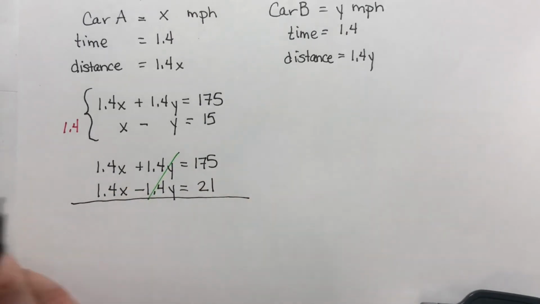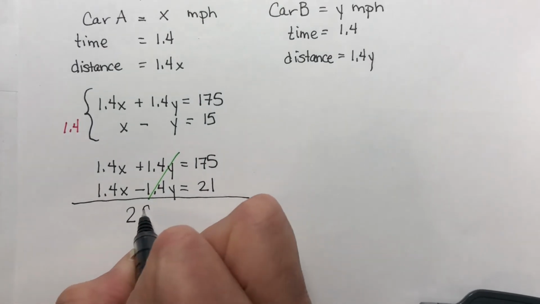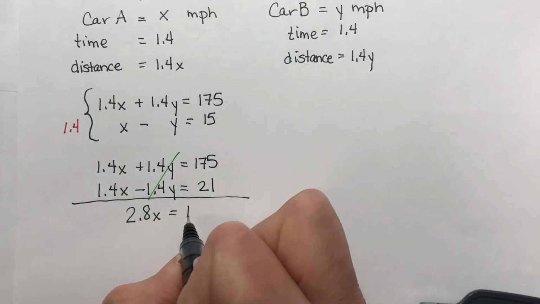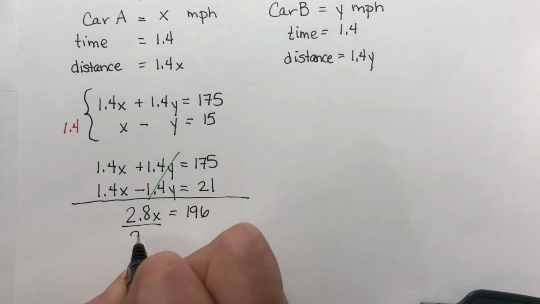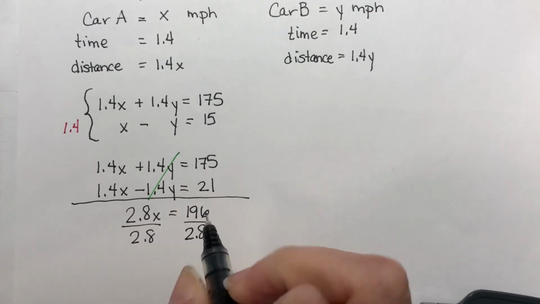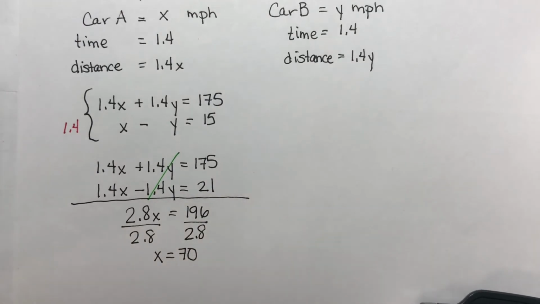The y's cancel out. 1.4 plus 1.4 is going to be 2.8x equals 175 plus 21, which is 196. Now divide both sides by 2.8, and you get x is equal to 70.